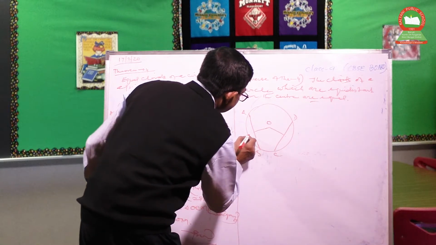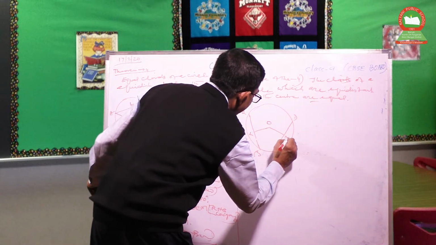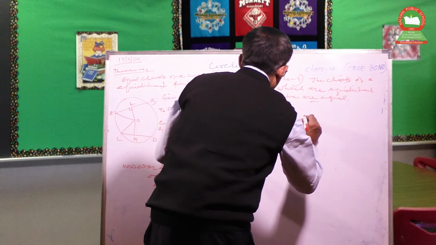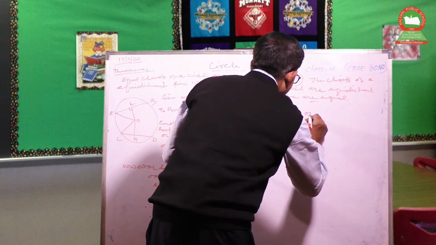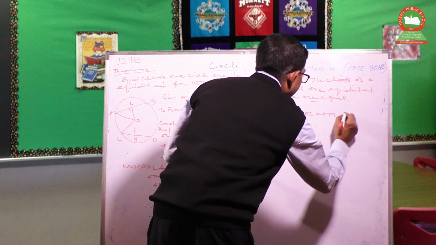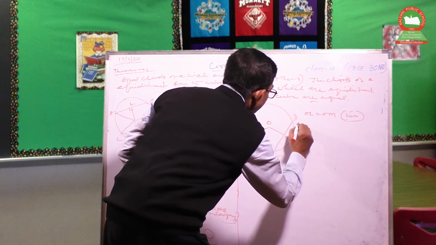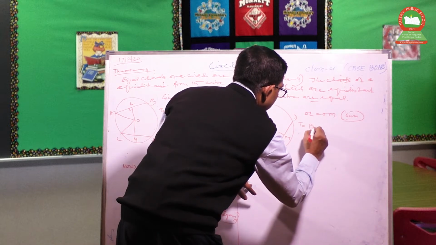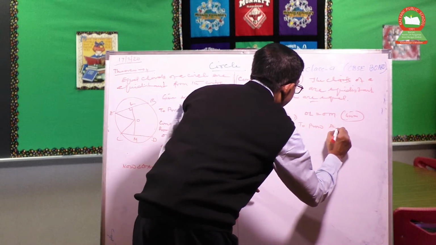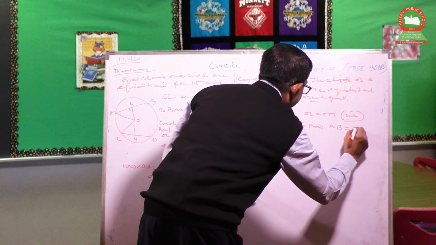O is the center, this is L and this is M. It is given that OL equals OM. We need to prove AB equals CD.